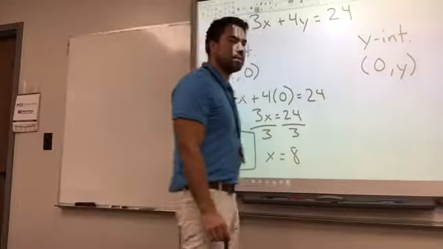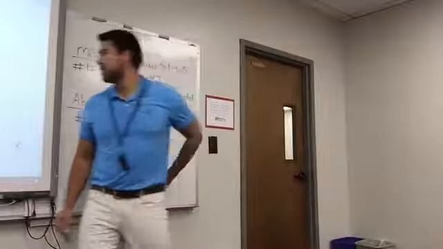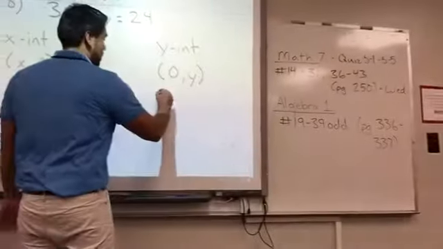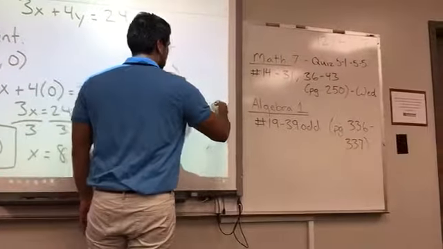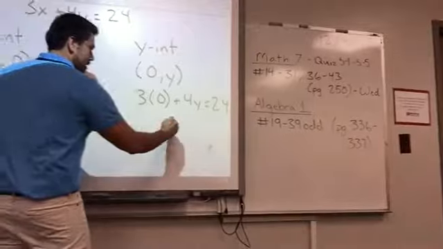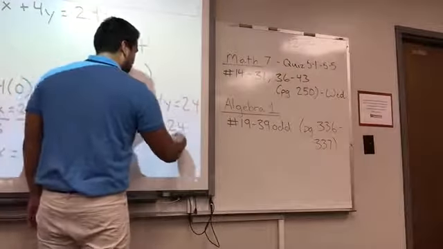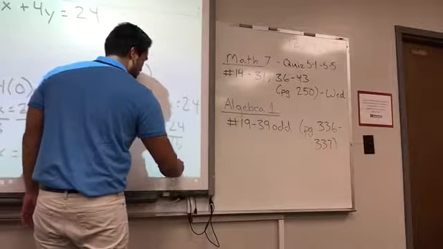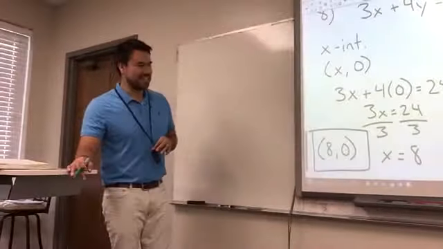All right, and the y-intercept. How do I find that y-intercept? Yep. Good. So I'm going to go 3 times 0 plus 4y equals 24. So I get 4y equals 24. Divide both sides by 4. I get y equals... Is it 6, I hope?